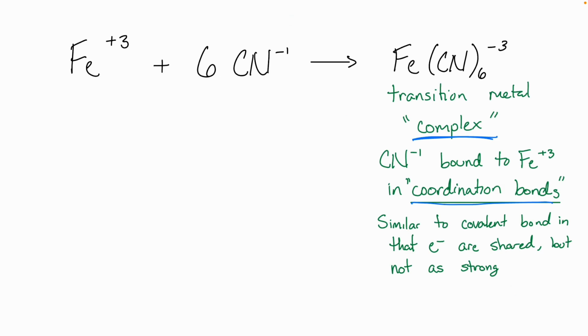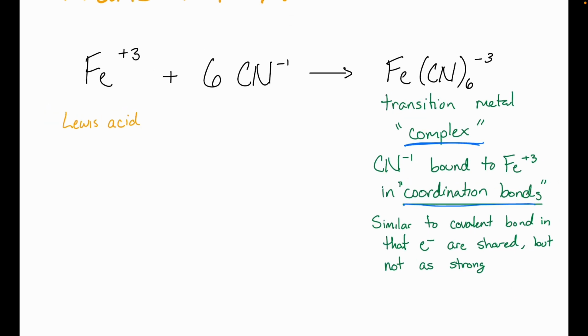All right, some other vocab that we're going to learn here is that the metal ion in this reaction is what's called a Lewis acid. All right, so this is our transition metal. The other thing in our reaction is what's called a ligand.